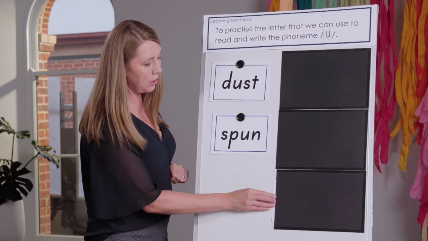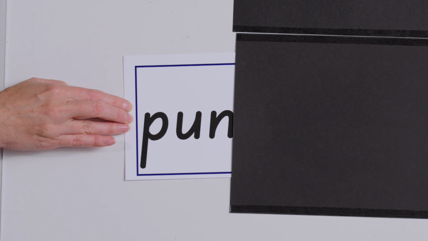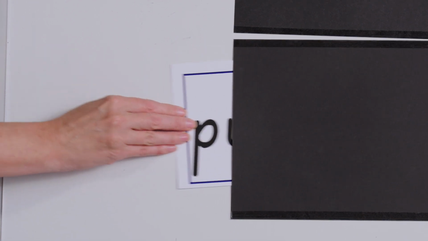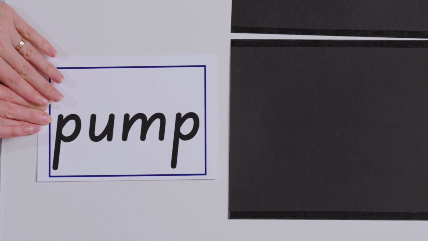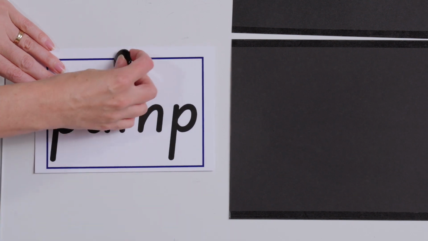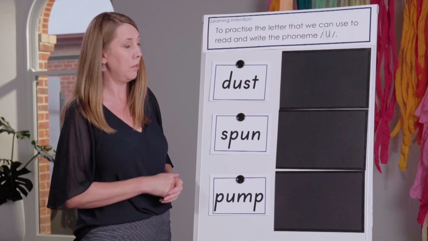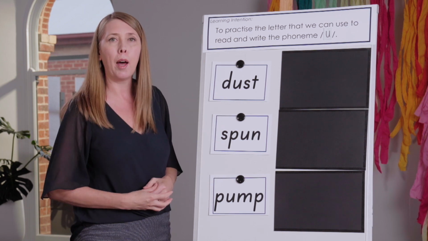And our last word is p, u, m, p. Let's do it a little bit faster. P, u, m, p. Pump. This is the word pump. Let's read all these words as whole words. Are you ready? Dust, spun, pump.